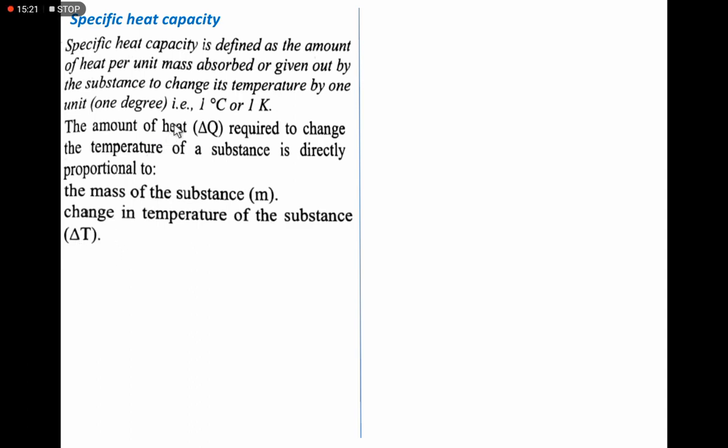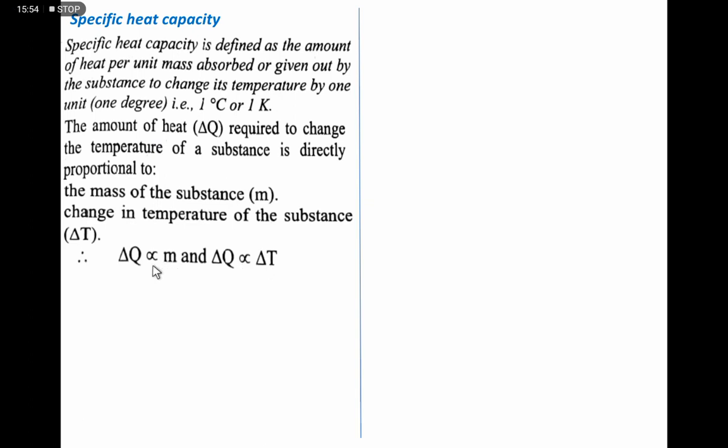Delta Q is the amount of heat energy supplied to the body, and it is directly proportional to the mass of the substance and the change in temperature, that is delta T. So we'll write this delta Q as a mathematical statement. Delta Q, the amount of heat energy supplied to the body, is directly proportional to the mass of the substance, and it is also directly proportional to the change in temperature.